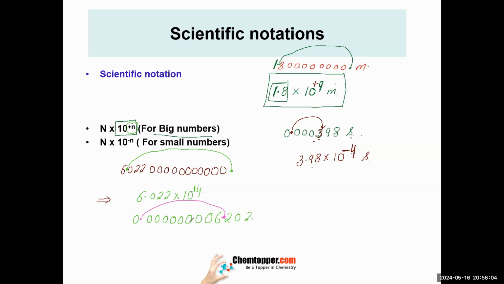To the right. 1, 2, 3, 4, 5, 6, 7, 8, 9. So is it 10 raised to power minus 9 or plus 9? Minus 9 because it's a small number. So minus 9. And this number will become 6.202.